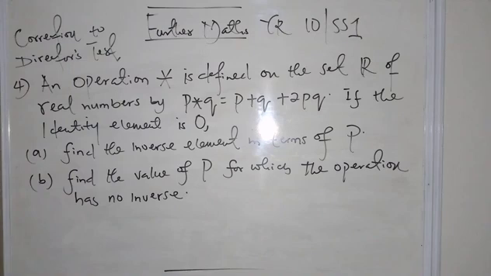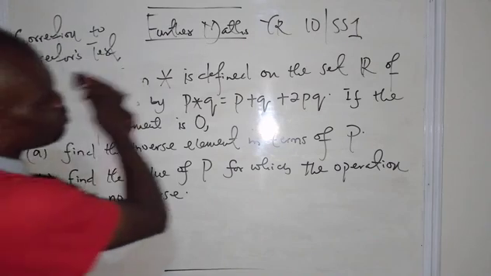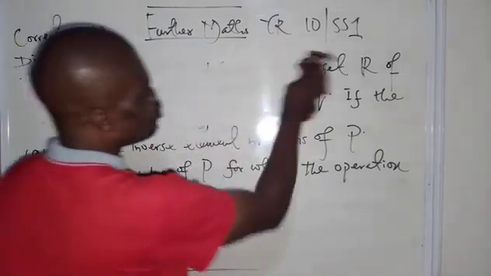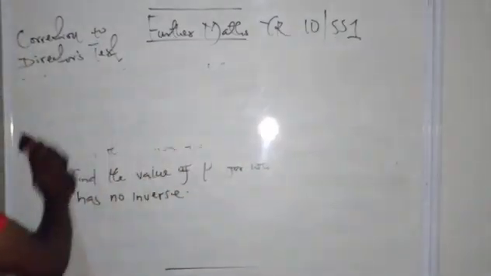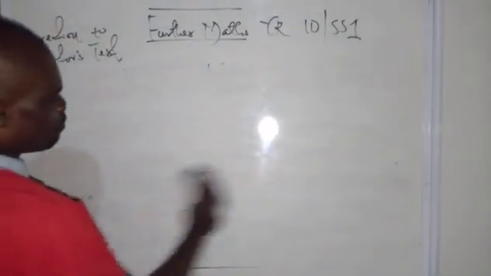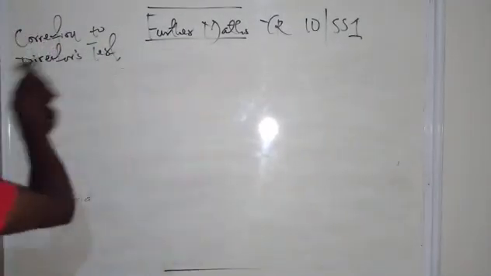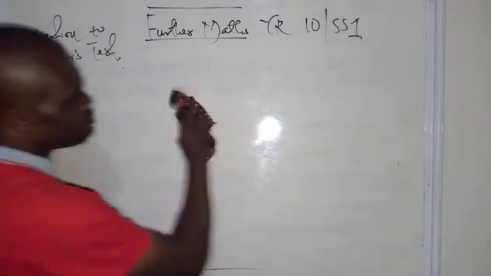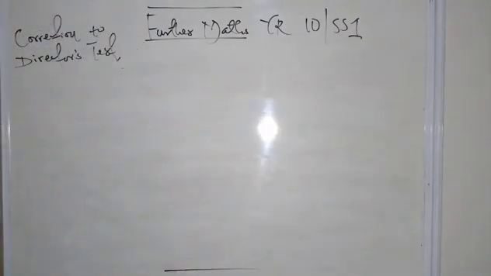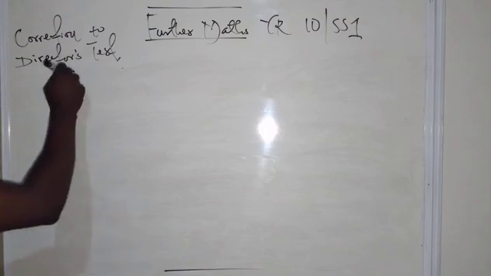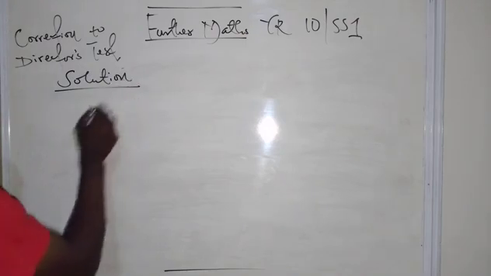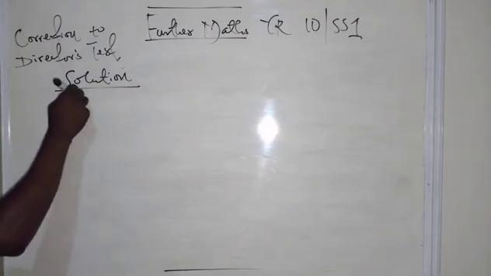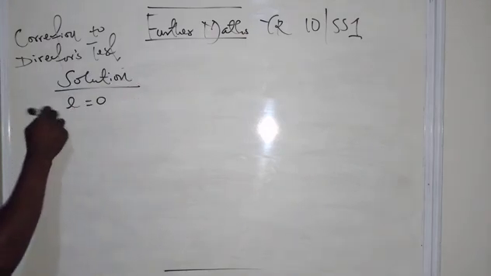Now, we are given that P star Q is P plus Q plus 2PQ. We want to find the inverse elements in terms of P. Solution: the identity element is 0.